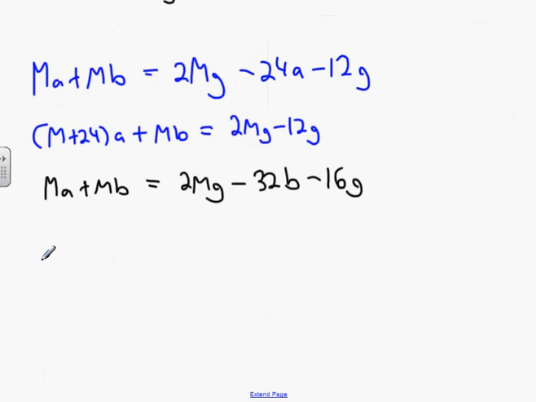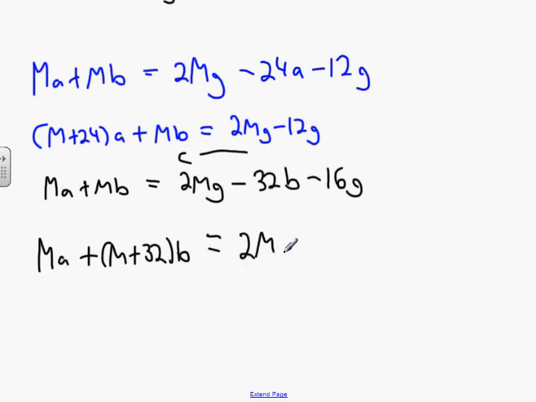So we're going to get MA plus (M plus 32) times B. Do you remember I bring the 32B over the other side, followed by factorising it, okay? Equals 2Mg minus 16g.